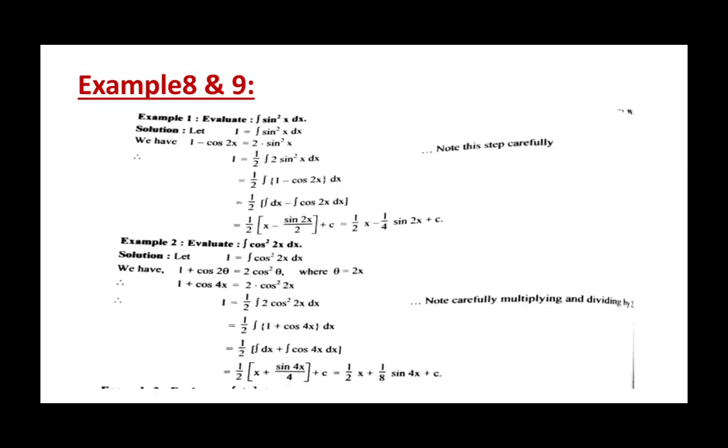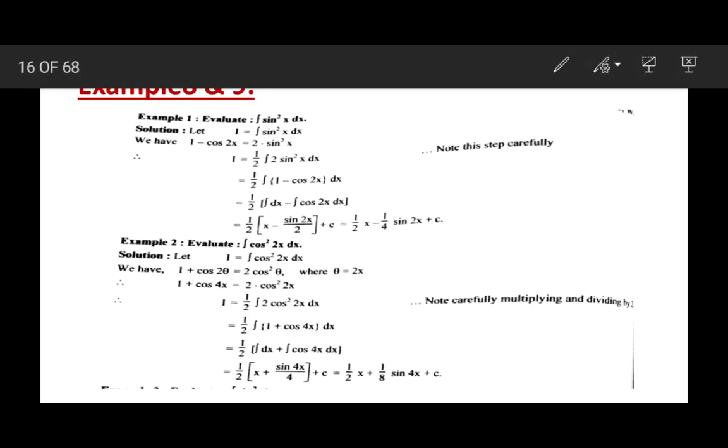Now see some more examples. Integral of sine square x. We do not have any integral formula for sine square x, and hence we are going to apply the trigonometric formula for sine square x.